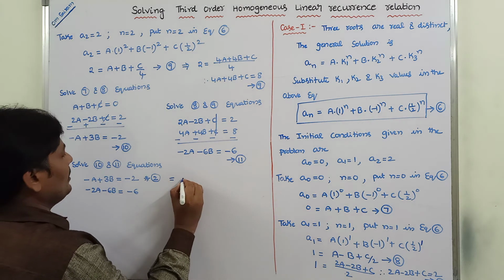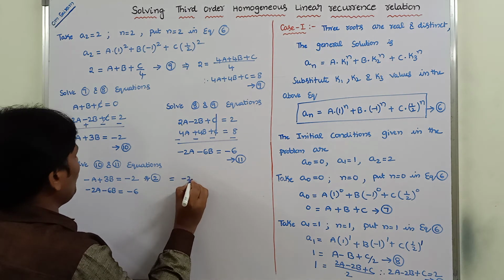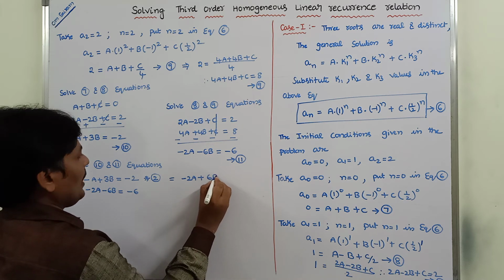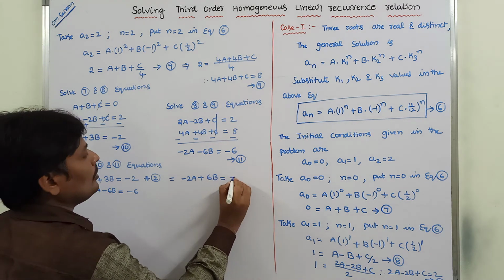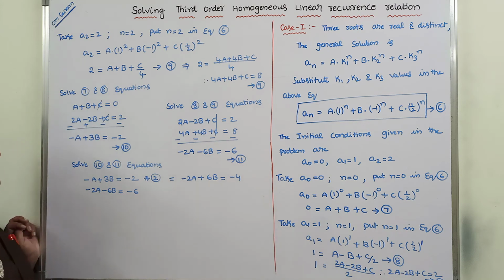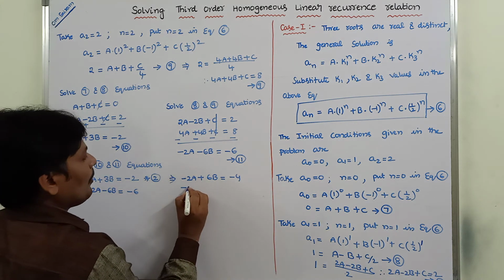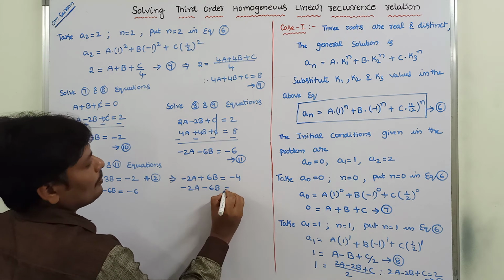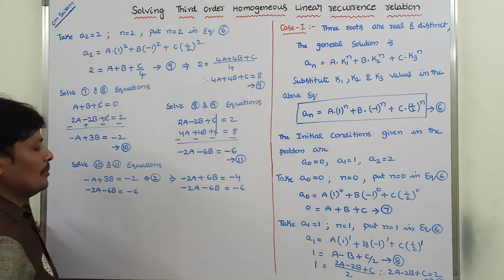So then we are getting minus 2A plus 6B is equal to minus 4. Now this equation is the same, minus 2A minus 6B is equal to minus 6.